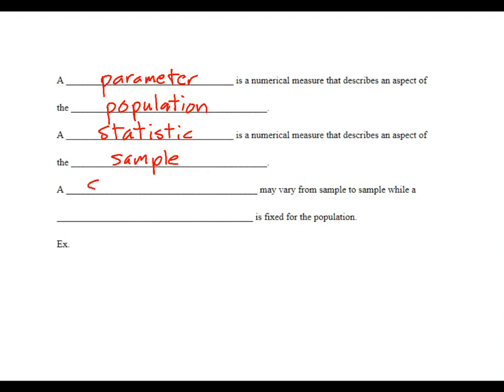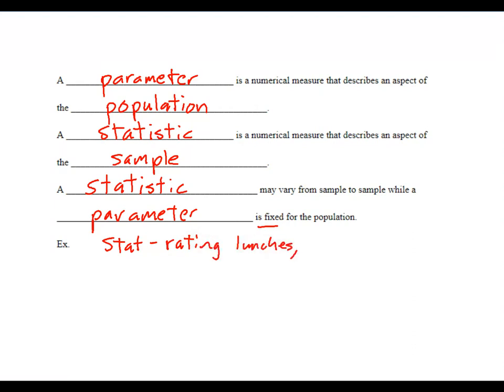A statistic may vary from sample to sample, while a parameter should be fixed or the same for the population. So for example, a stat would be rating lunches by asking the first 50 people in line.